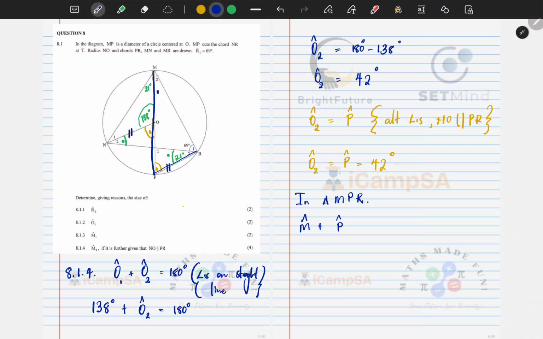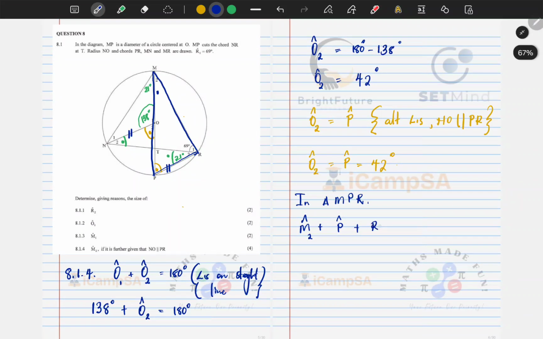If you remember well, this is M2. So we have M2, we have P, and then we have R, which is equal to 180, and the reason is sum of angles in a triangle.